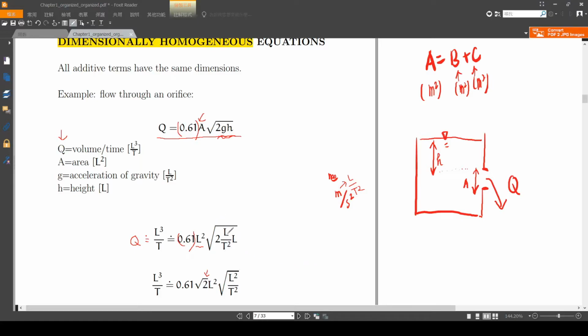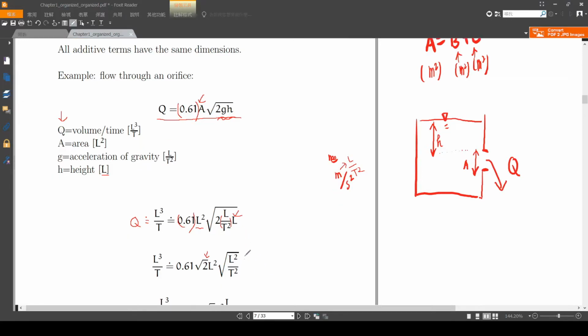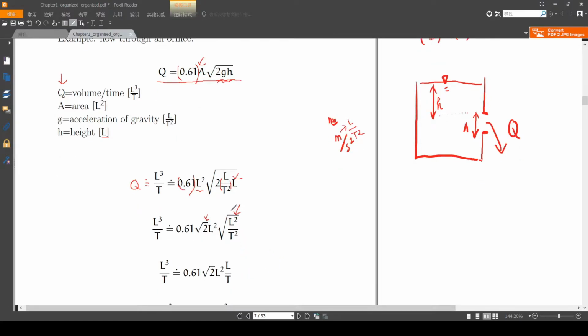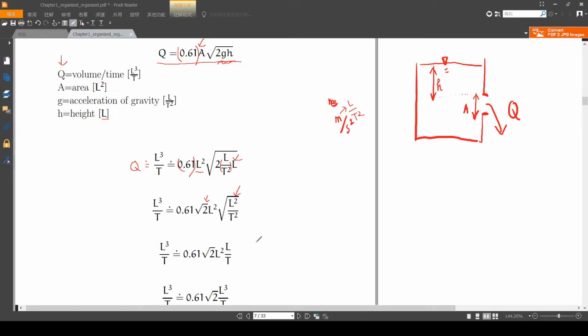So this is the dimension of G, plus the dimension of the height, is equal to L. Then you just put it in L. Then you can know that it becomes like this in the dimension, in the square root. Because it is a square root, you just take it out, and then it is equal to this part.